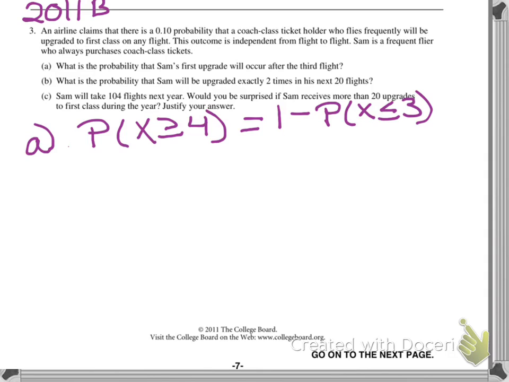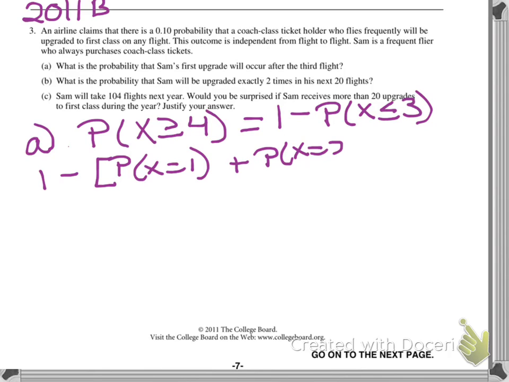Okay, so let's do this math. So this is going to be 1 minus the probability that X is equal to 1 plus the probability that X is equal to 2 plus the probability that X is equal to 3. Okay, so it's going to be 1 minus the probability that X is equal to 1.